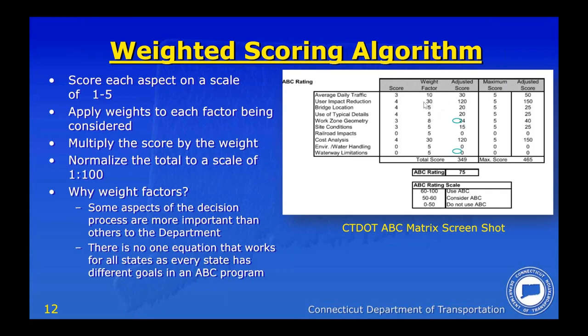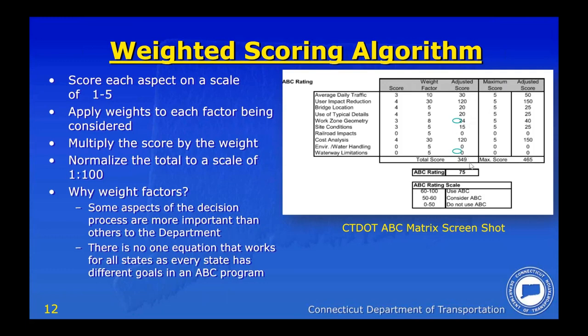And you'll see user impact reduction is very high at 30. Average daily traffic is very high. And cost analysis is very high at 30. These total 108 here, and these were normalized to 1 over 100 here in providing our adjusted scores.